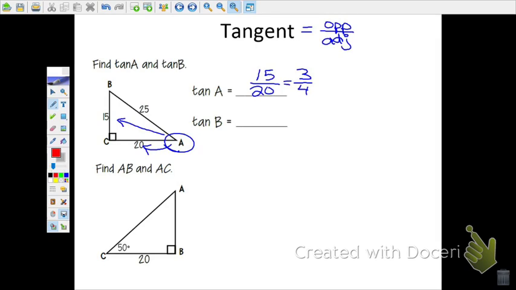And then I look at B. Opposite is 20, adjacent is 15, which simplifies to 4/3. That's a lot. It's more than 100%. Because we see that trig ratio term in front of the angle, we're just setting up this ratio, that fraction, and we simplify it.